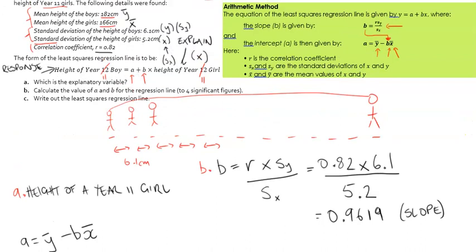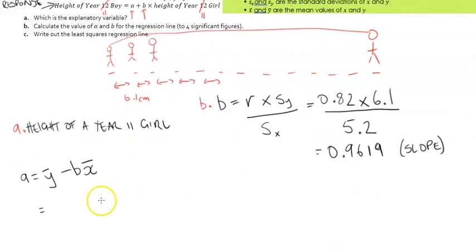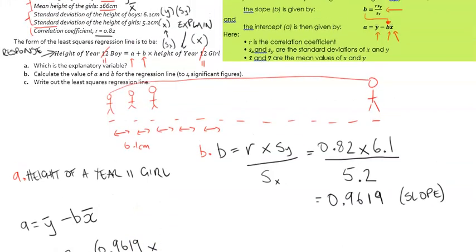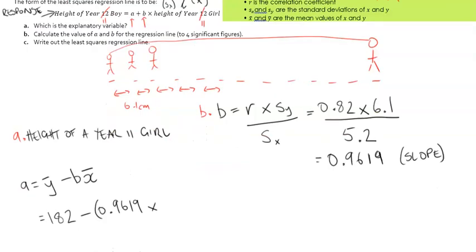So now with this in mind, we are going to plug in those numbers to get our a value. So y dash is 182, so a is equal to 182 minus, and I put these in brackets, our b value 0.9619 times our x dash value, which is 166.